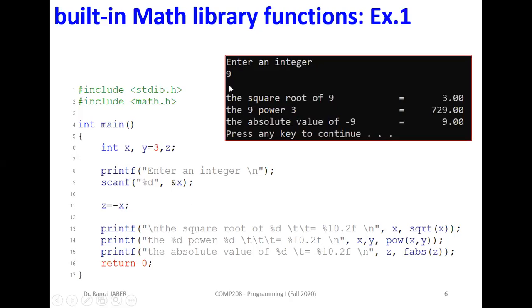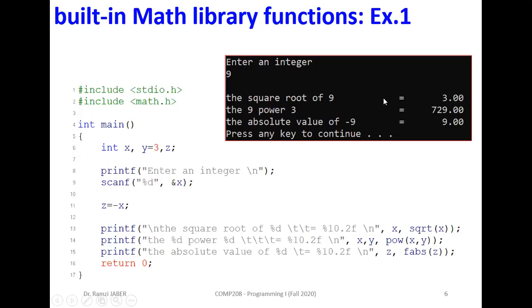Enter a new line here, a blank line, an empty line. So the square root of, first %d is for x, 9, \t equal, just to make the equals alignment.